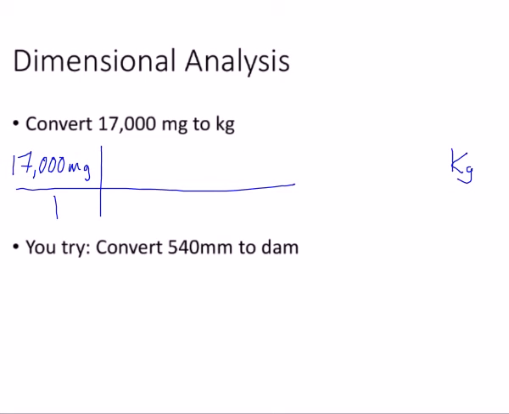No. Now, what do we see? We've got milligrams to kilograms. If you look on your reference table, do you have anything that directly relates milligrams to kilograms? No. You have milligrams related to grams, and you have kilograms related to grams. So we're going to make this 2 steps. We're going to go from milligrams up to grams, and then from grams to kilograms.